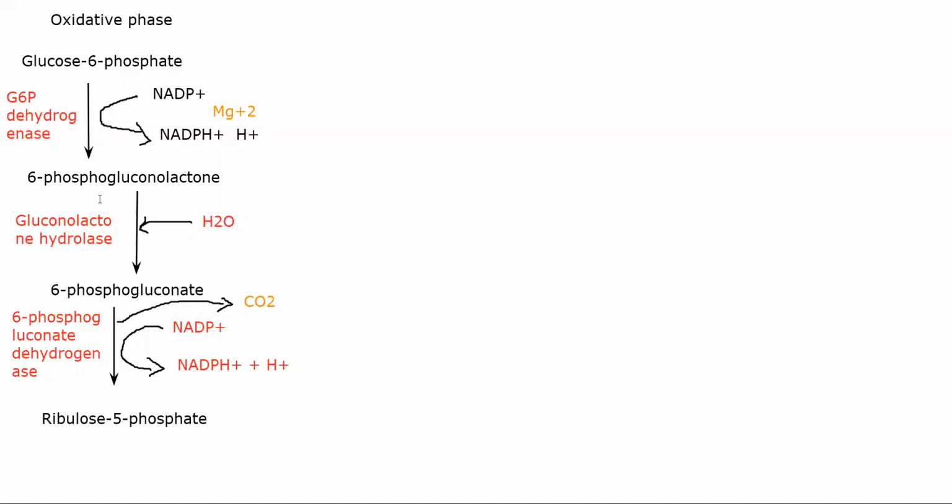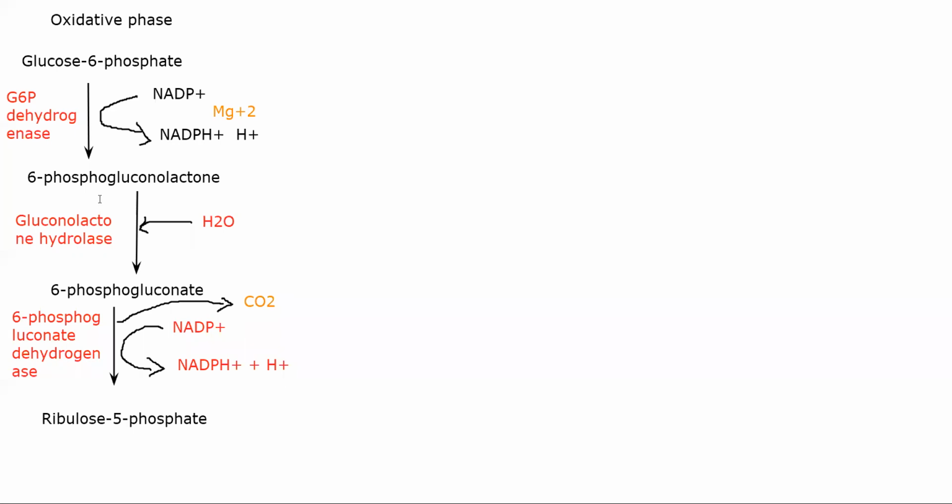You reduce NADP plus in the process. In doing so, your body produces 6-phosphogluconolactone, which is hydrolyzed. You add water to it to get 6-phosphogluconate, which is dehydrogenated again using NADP plus, and you remove 2 hydrogens while removing a carbon dioxide molecule as well.